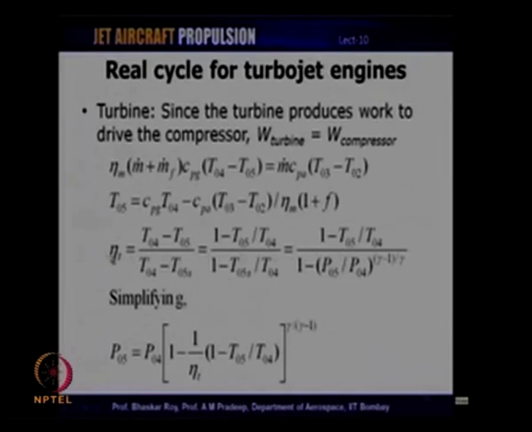And so, we have efficiency being related to the temperature ratio as well as the pressure ratio. So, from simplification of this, we can calculate P05 is equal to P04 multiplied by (1 minus (1 by eta T) into (1 minus T05 by T04)), the whole thing raised to gamma by gamma minus 1. So, for the turbine now we have the pressure as well as the temperature.